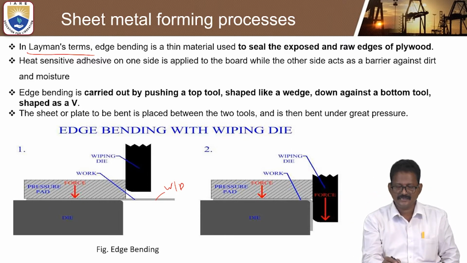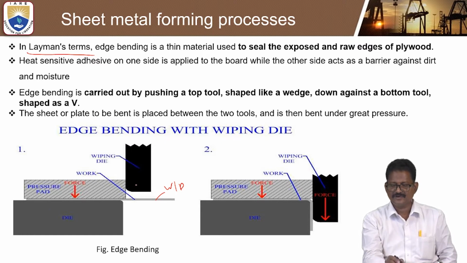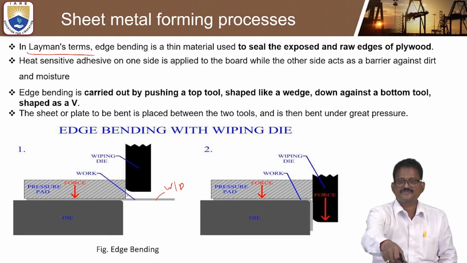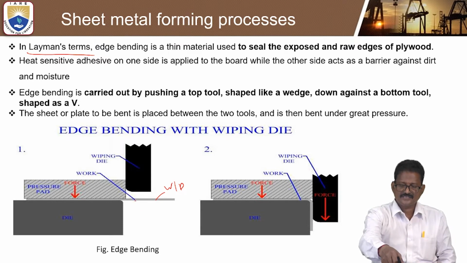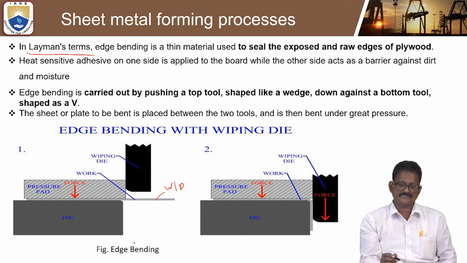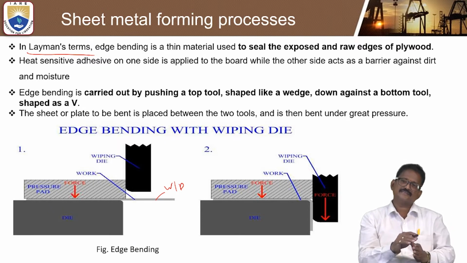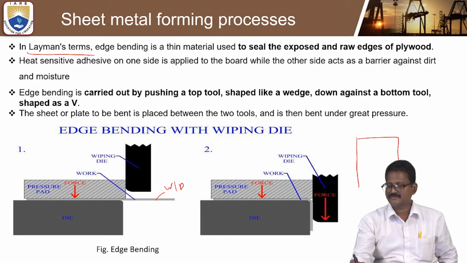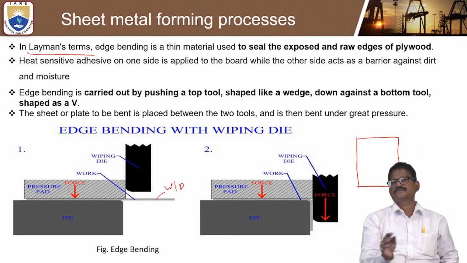Here this is called the wiping die. When you apply pressure through the wiping die, the vertical shape may be tilted at the edges. Similarly, any rectangular shape or curved shape may be obtained in this type of case.